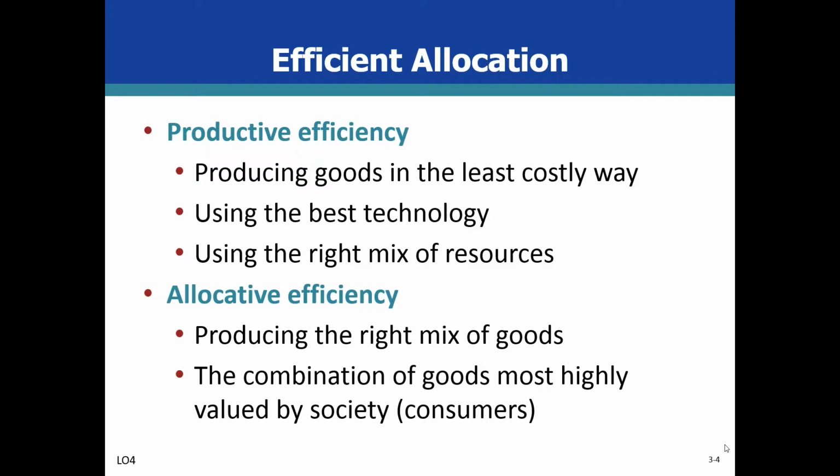Allocative efficiency means that firms are producing the right mix of goods and services that are most valued by society. The outputs are efficient for meeting the wants and needs of consumers. The market decides. There is no central planning board deciding what resources are going to be used and what will be produced.